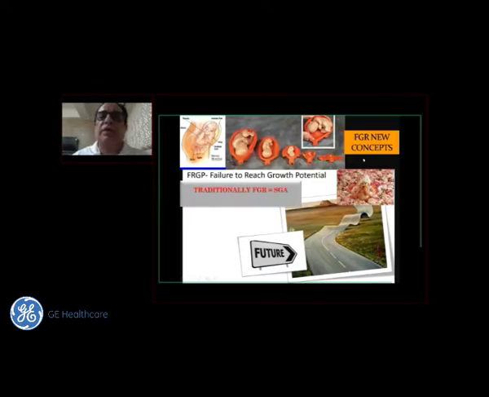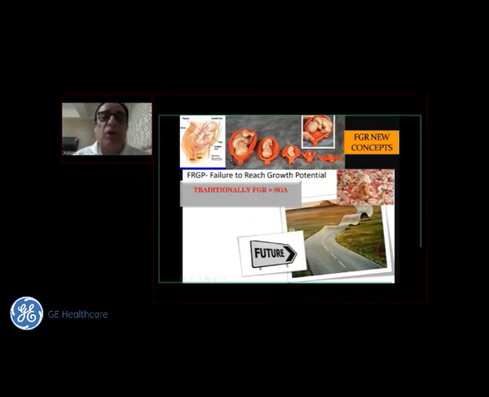Here you can see that we've always been calling it IUGR or FGR, but over the last 30 years that we have been doing ultrasound and Doppler, we have now realized that the new definition of IUGR or FGR should be failure to reach growth potential. So it should actually be FRGP, because every baby has its growth potential, and if the baby does not reach its potential, that means it is not doing well.